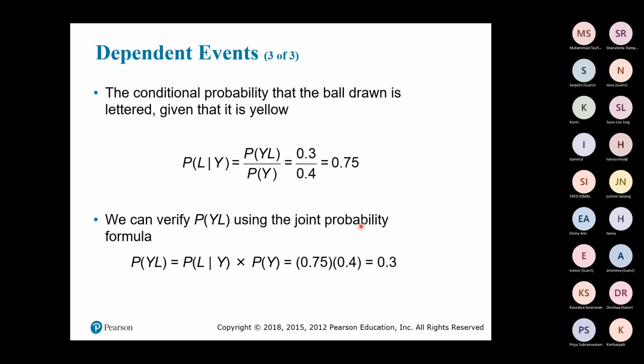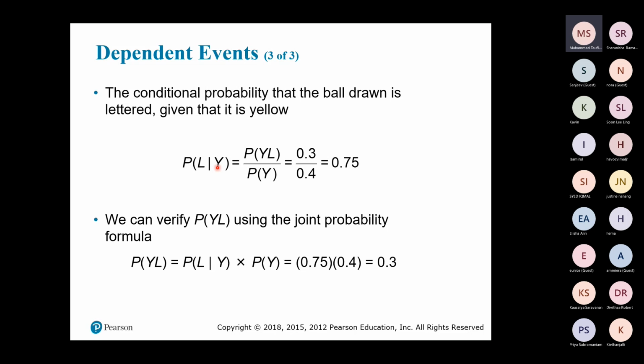So to calculate the probability of getting a lettered ball after you draw a yellow ball. What is the probability? In the urn, you pick 1 ball, and you see the ball is a yellow ball.